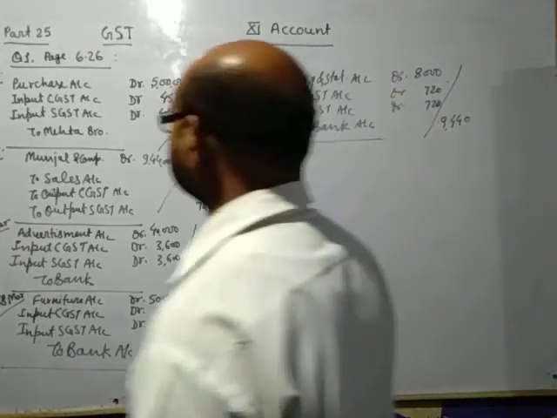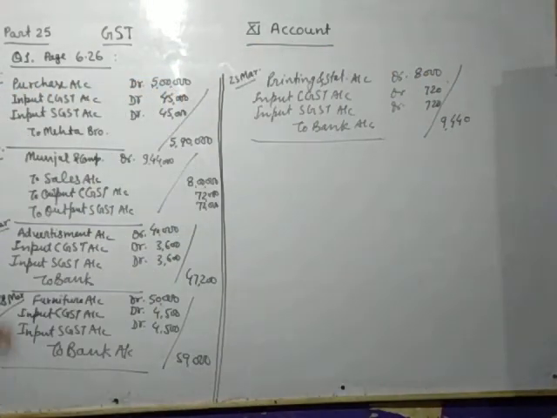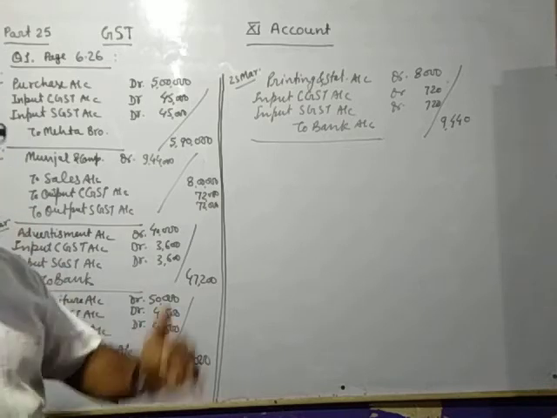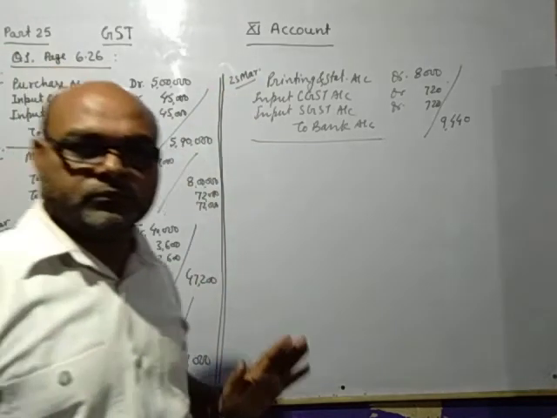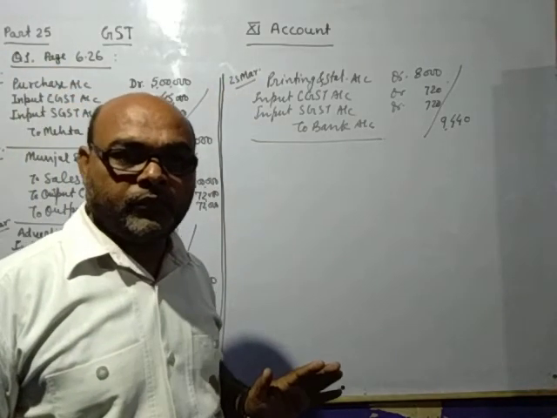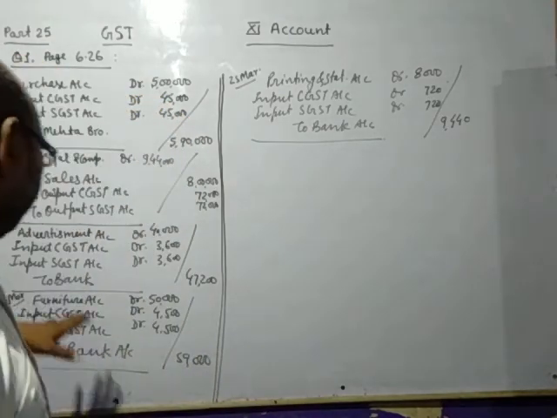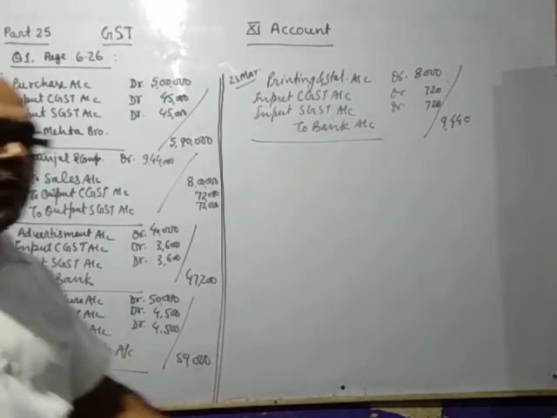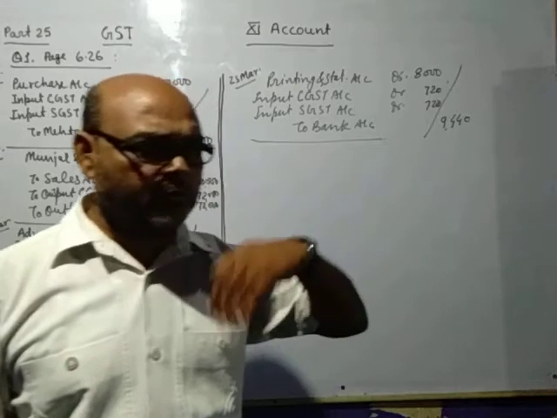Now you see, all the input CGST, SGST means this amount already you have paid to government, and output GST means this amount you have received from the customer.